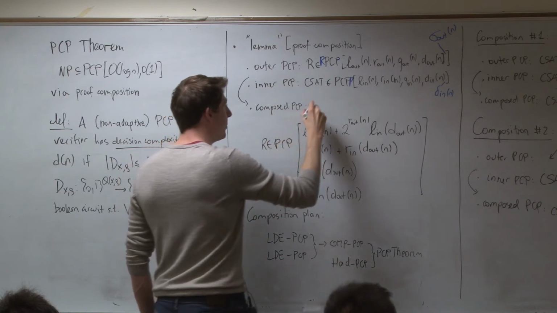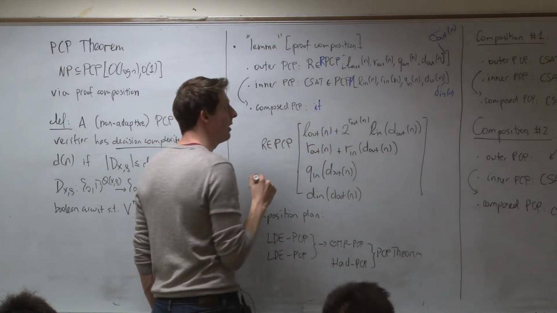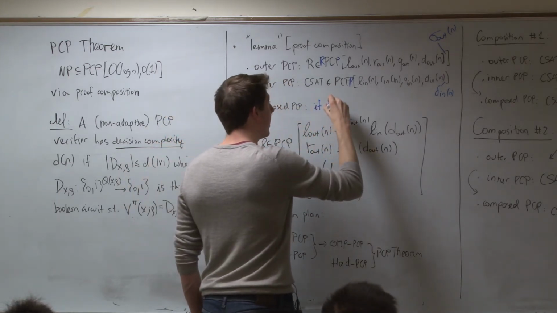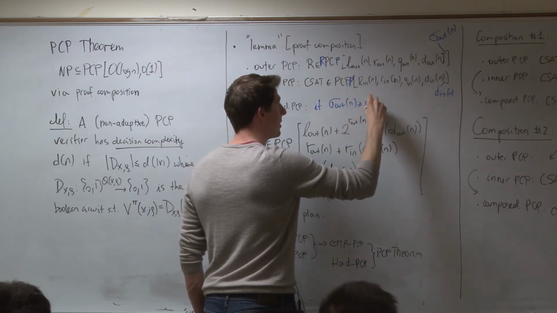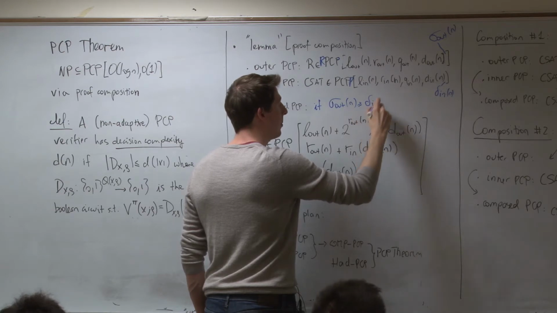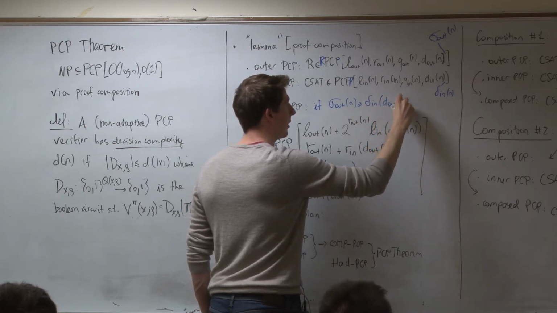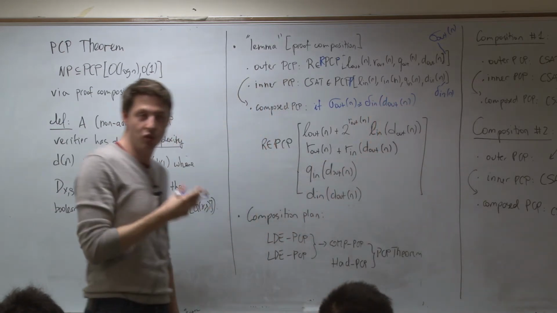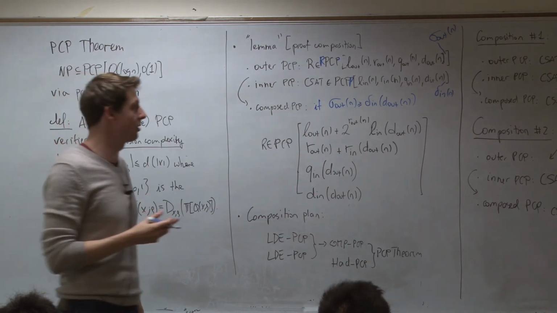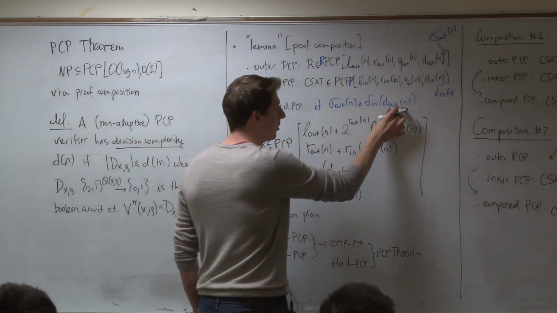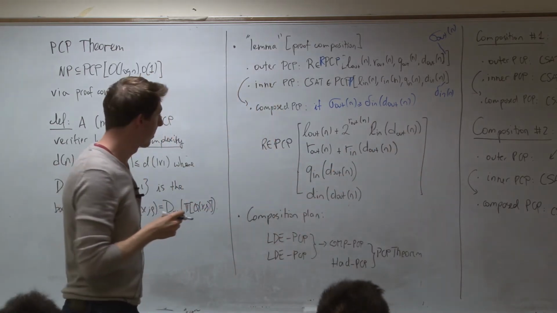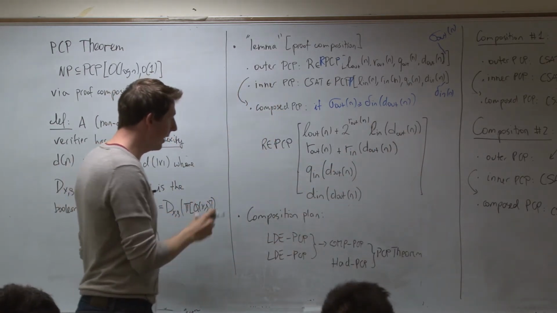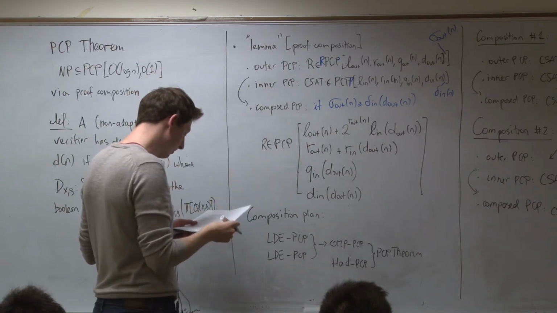And the composed PCP will be predicated on whether S out of n is at least as large as the proximity parameter on the out of n, right? In general, the proximity parameters may be a function of n, and in such a case, you should consider the proximity parameter on the instance on which the inner PCP is run. And then what you get is this, okay?